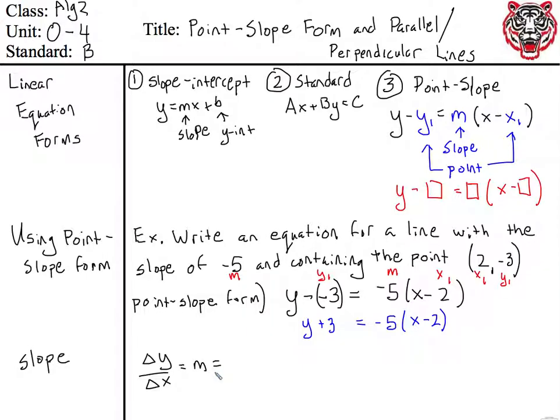And this would be called what? So I'm just going to do the equation: y2 minus y1 over x2 minus x1. This will be helpful for the next problem.